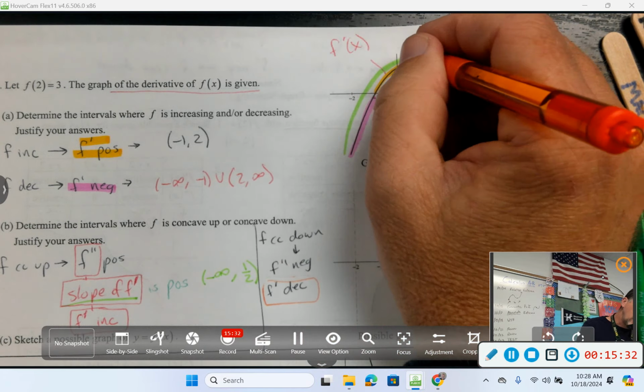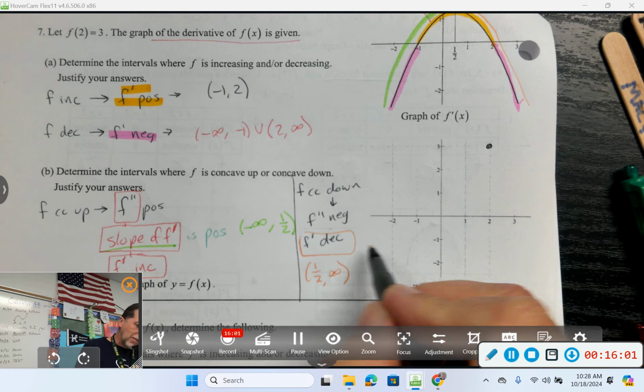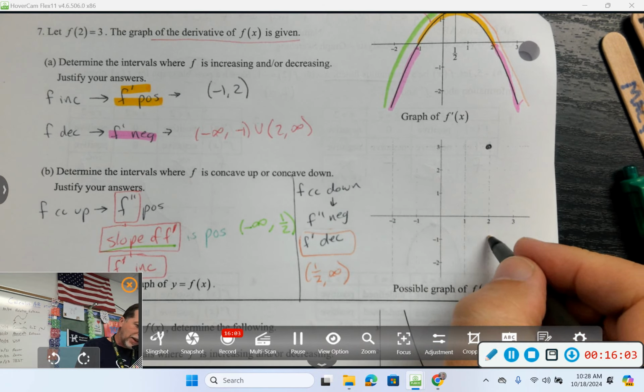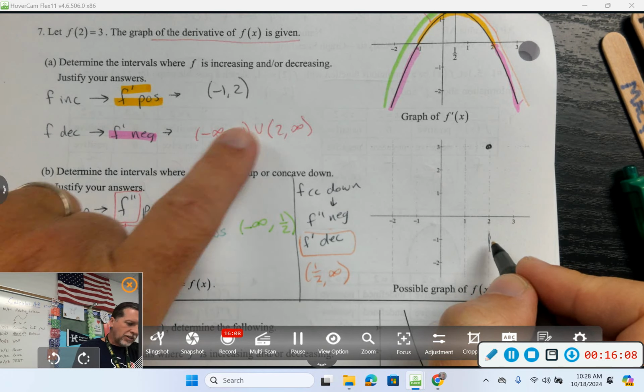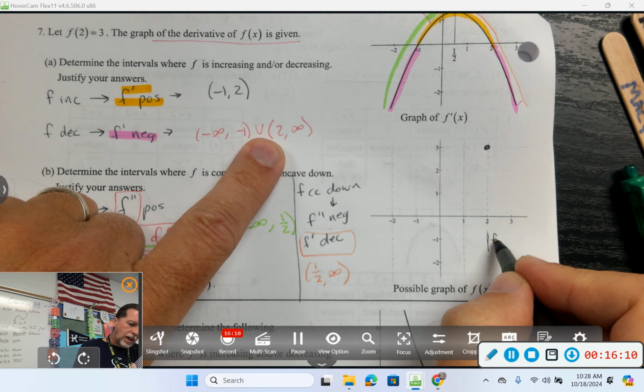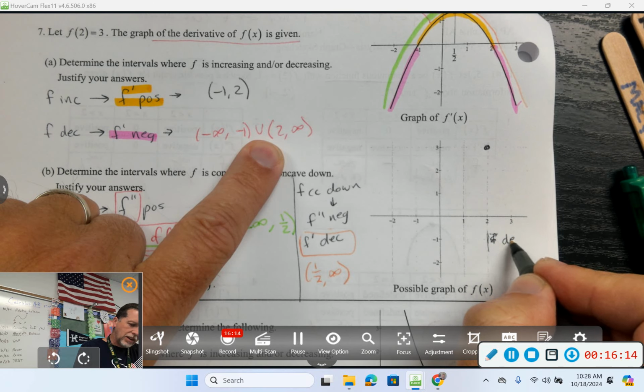Okay, part C, putting it all together, we want to sketch a graph. And they told me that f of 2 is 3, so there's at least a starting point. Okay, I think I want to almost make a table on the graph, because when x is bigger than 2, I'm not going to write f, I'm just going to say decreasing.